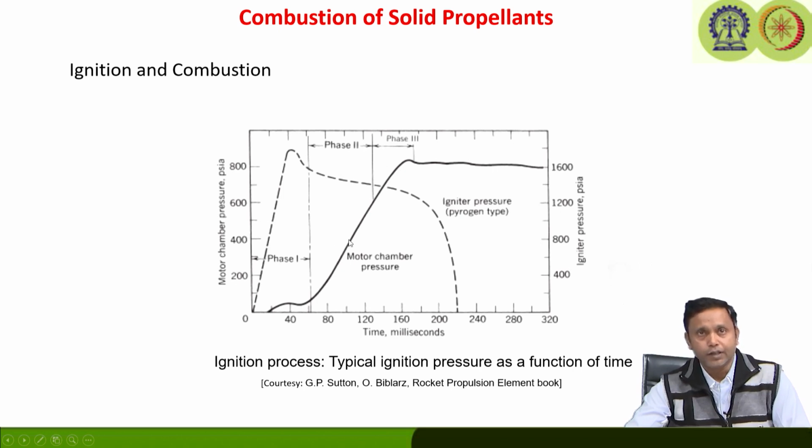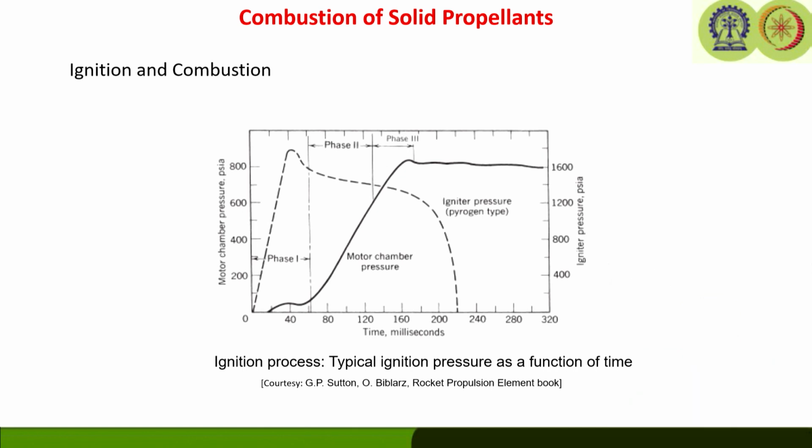There are different phases. The first one is called the ignition time lag. This is the period from the moment the igniter receives the energy signal until the first surface of the grain burns.